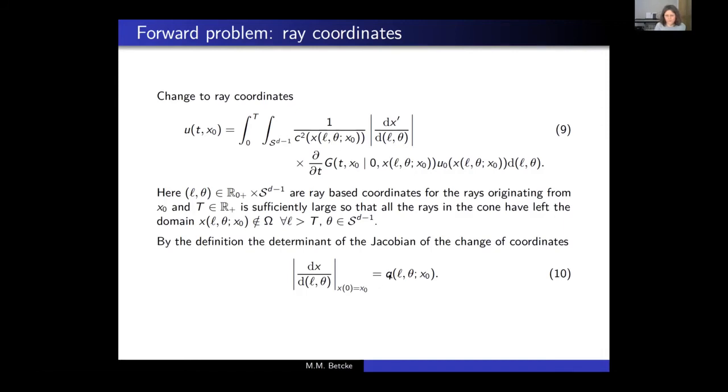This is connected to the fact that you can think of this Jacobian as the inverse density of the rays. Okay, so this is my new integral here, and I'm integrating over all directions that cover the domain, and I am integrating for time t long enough so that the rays cover the domain entirely.